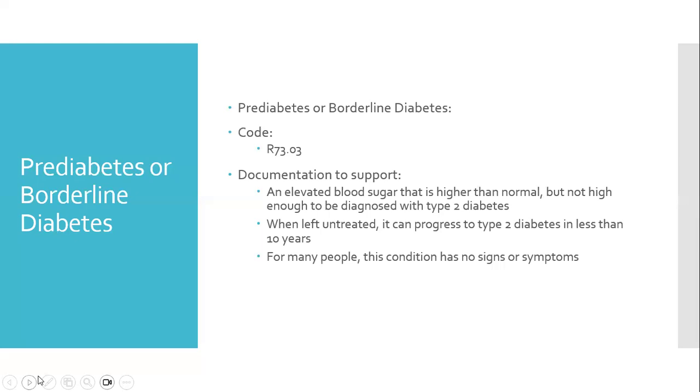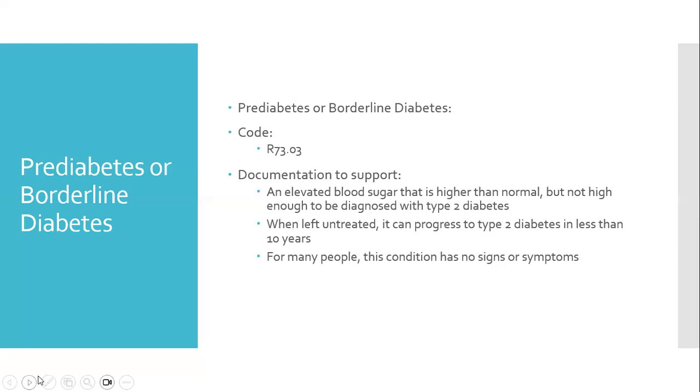But just remember that if borderline or pre-diabetics are left untreated for a long period of time, it can in fact turn into type 2 diabetes. So basically what they say is that if it's left untreated, it progresses to type 2 diabetes in less than 10 years.